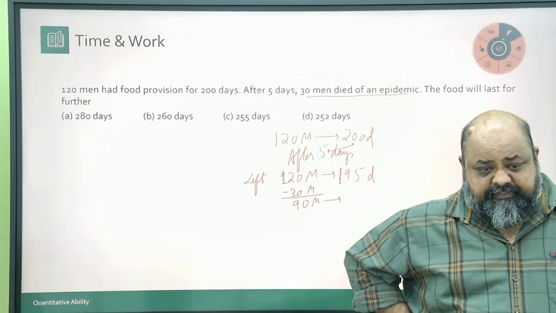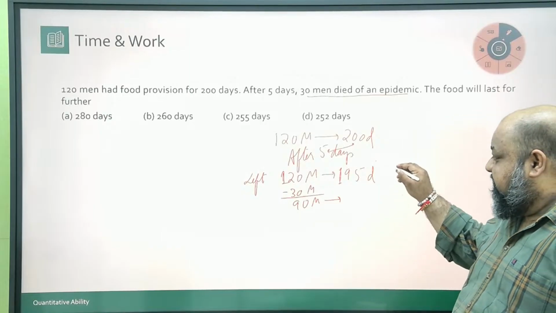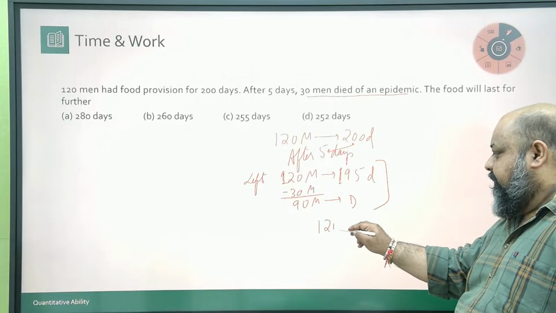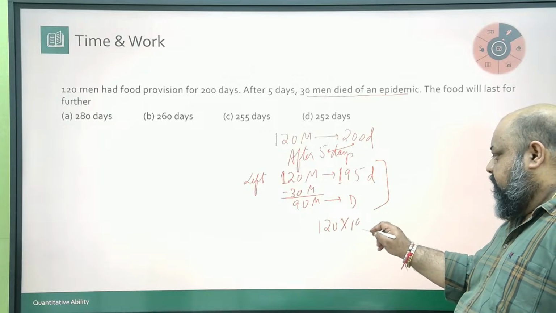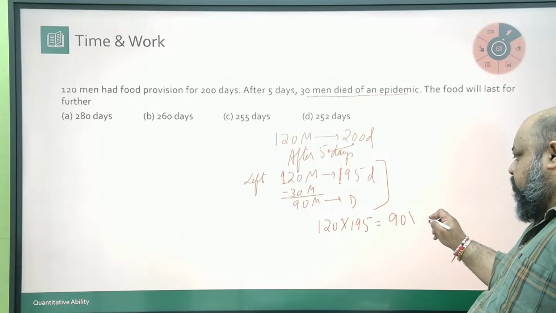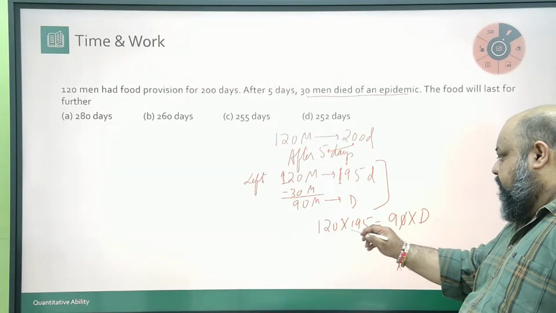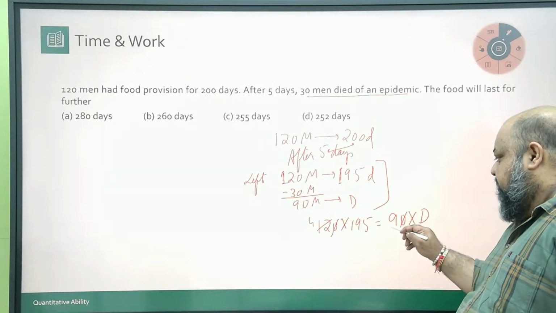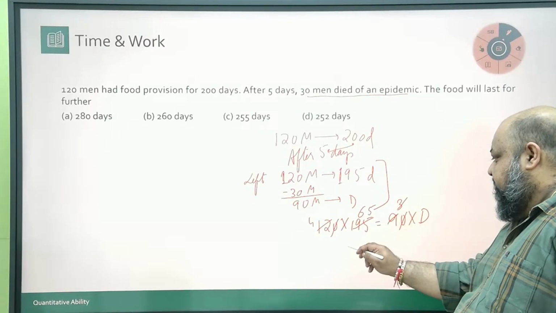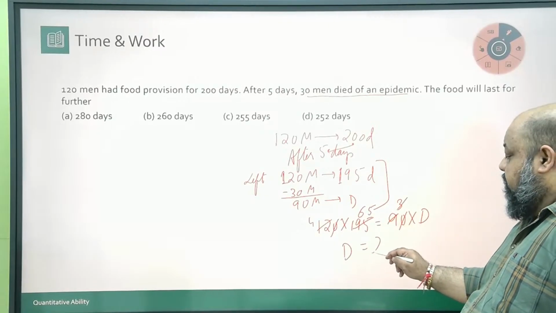Can we do this? So basically this becomes my condition. M1 D1 is equal to M2 D2. 3 4s are 12, 3 3s are 9, 65, 260.